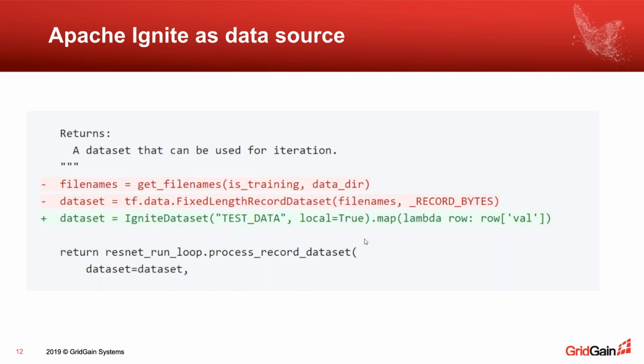Also, we could use Apache Ignite as storage for trained TensorFlow models, and use pre-trained models which were trained using TensorFlow. We are also able to use all the TensorFlow tools for monitoring, like TensorBoard.